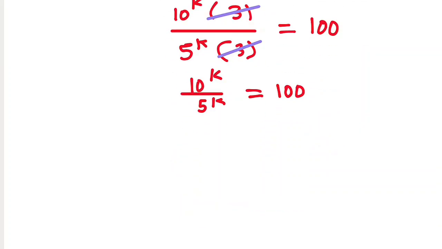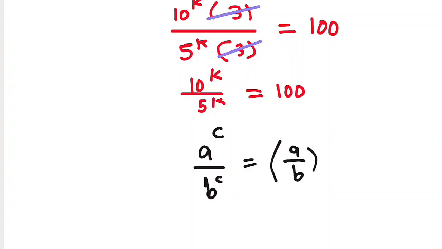Okay, so moving on. Since we have the same power, when you have something like a to the power of c and b to the power of c, I can rewrite this as a over b, all to the power of c. Understood?